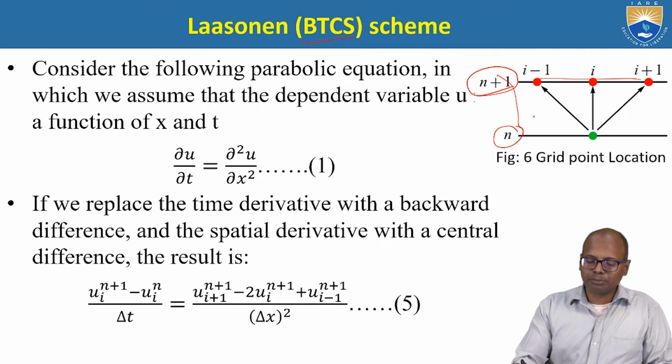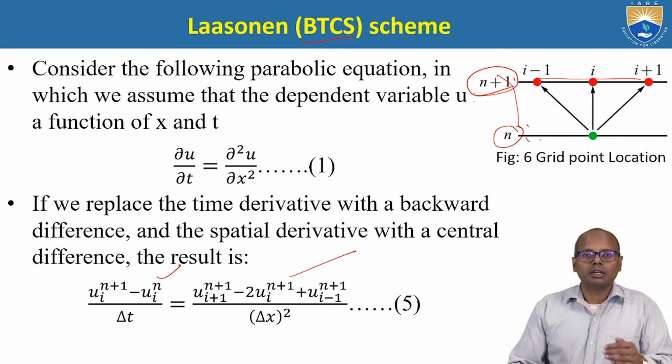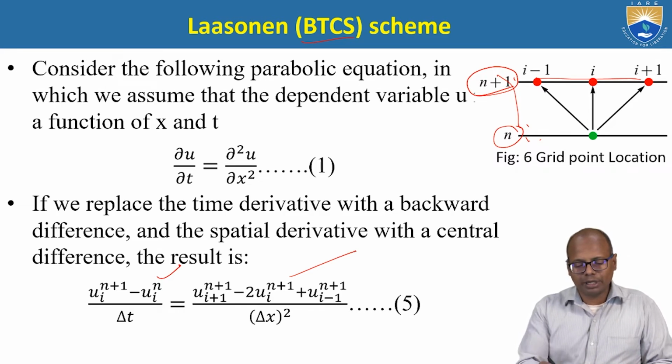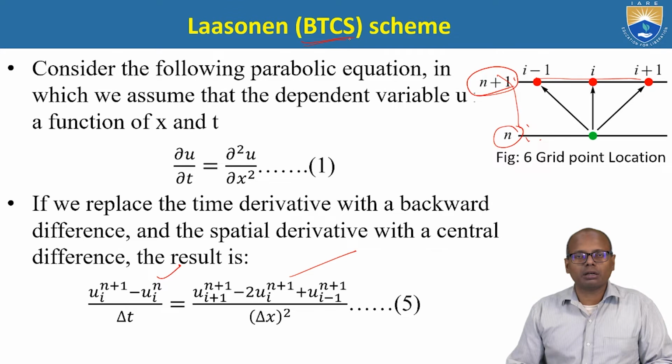If I apply the backward difference in time and the central difference in space, what we have is the method called the Laasonen method, or the backward in time central in space BTCS scheme.